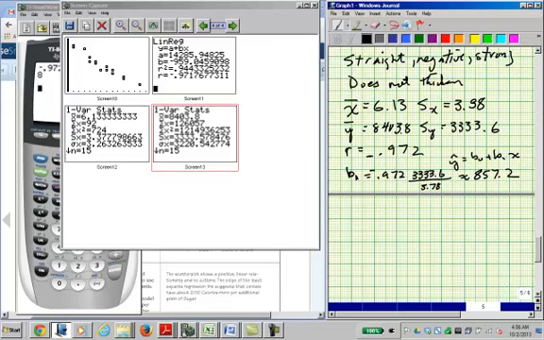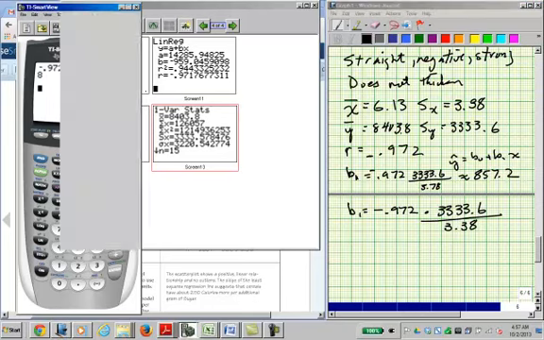It's really 3.38. Of course, I had the correlation as positive instead of negative. So B sub 1 equals negative 0.972 times 3.336 divided by 3.38. That will give me my right answer, I believe.